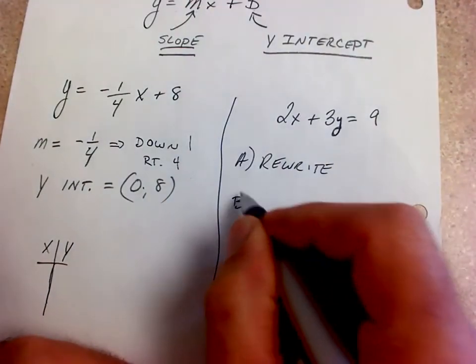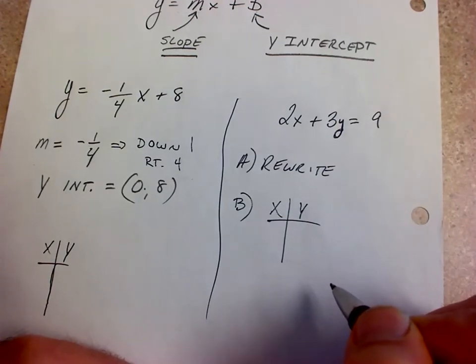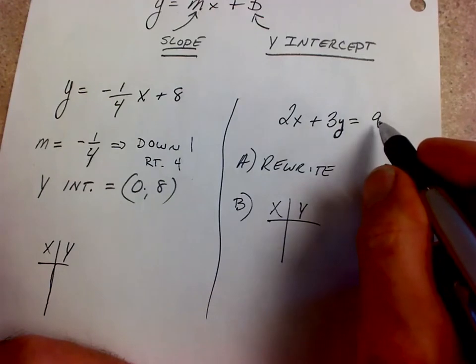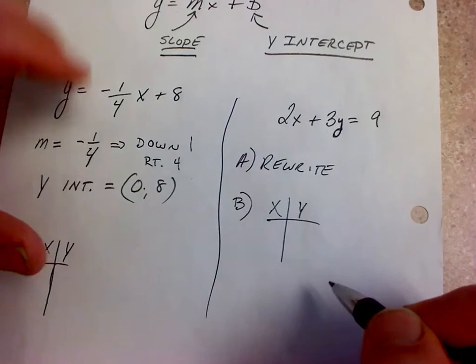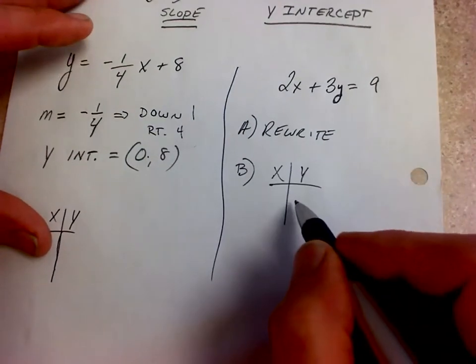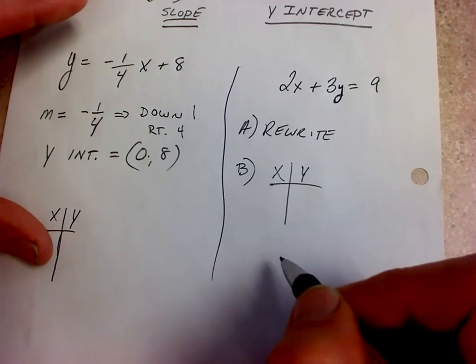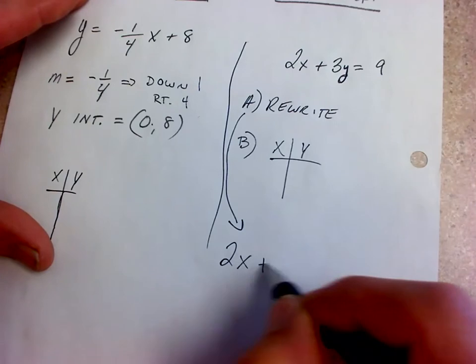Or B, go ahead and use your T-chart, make your X and Y table here, go ahead and guess and check and come up with combinations that make 9. You have 2 choices. We've done this one many, many times, so if you're going to fall back and use your traditional table, I'm going to trust at this point you can do that. What I want to focus on is the rewrite.